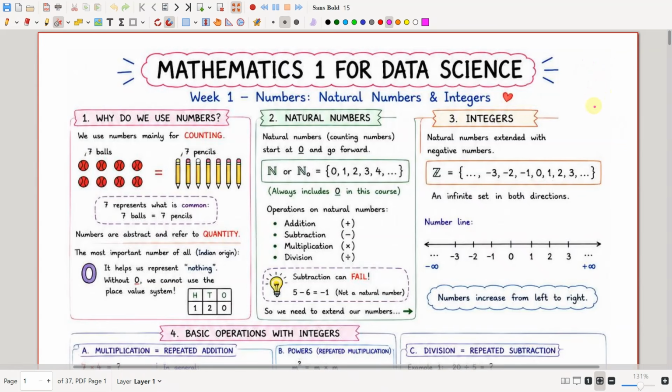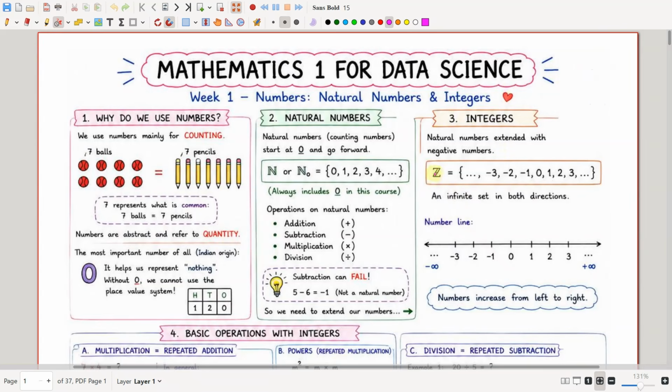To say in one word, minus infinity to plus infinity, including only whole numbers. No decimal points, no fractions. Only natural numbers with both positive and negative signs. It is an infinite set in both directions. It can go to minus infinity and it can also go to plus infinity.